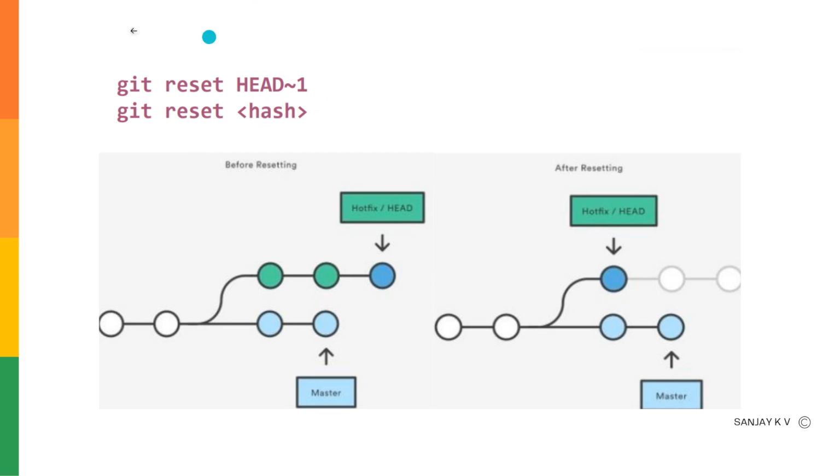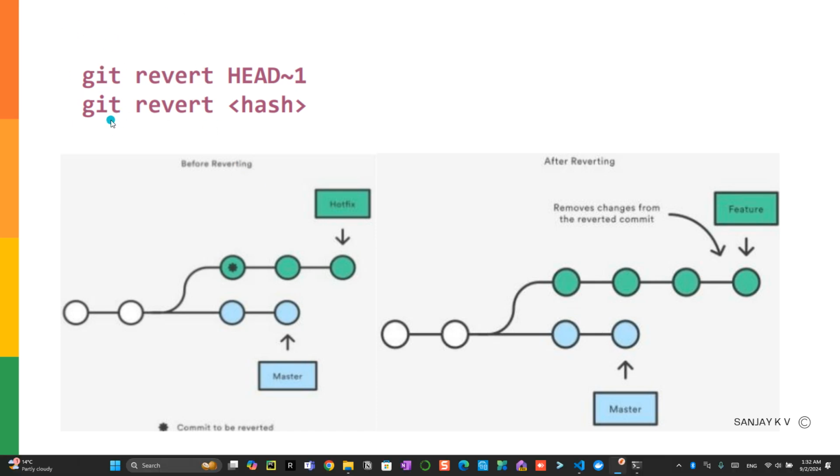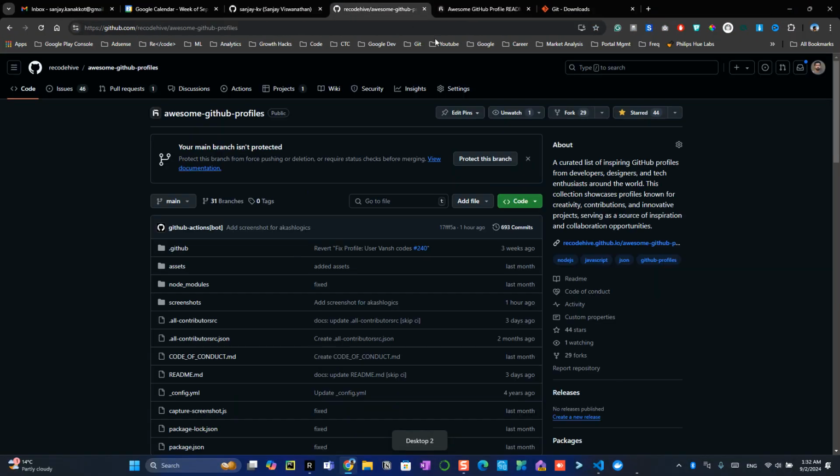We already spoke about how the hash is working, how head is working. That's a graphical representation of how hash and head work. Now you made a commit, and you can also revert that particular commit by copy pasting this hash over here.